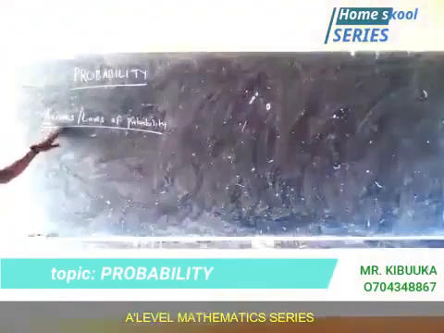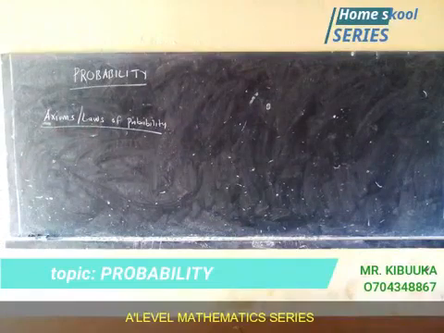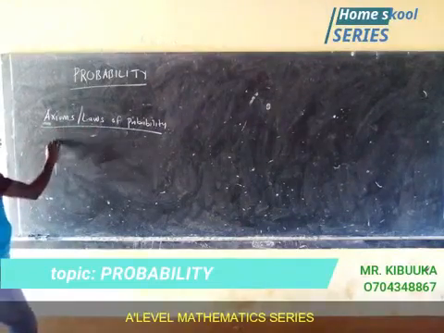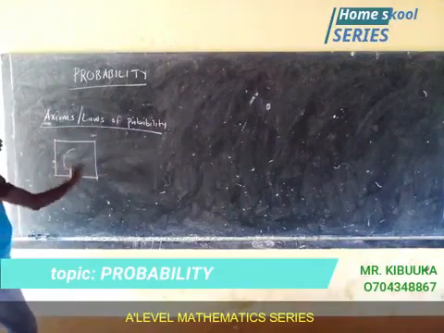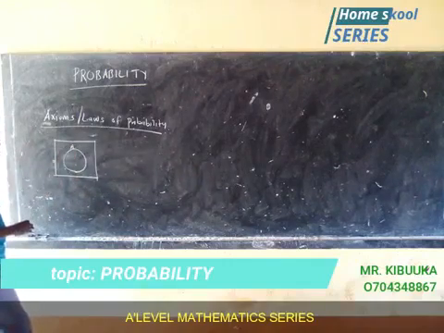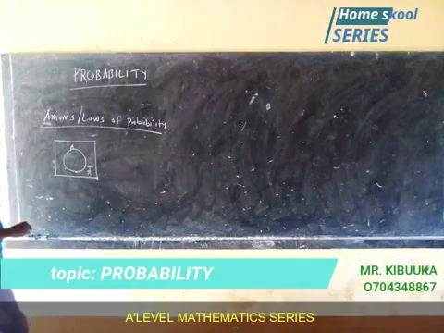Let's have axioms or laws of probability. Like for example, if you have this Venn diagram, having this as A. In this case, if I call this A, this becomes A complement.